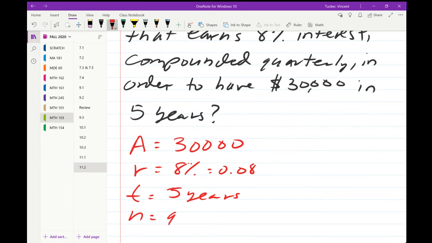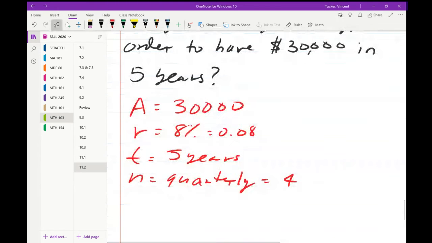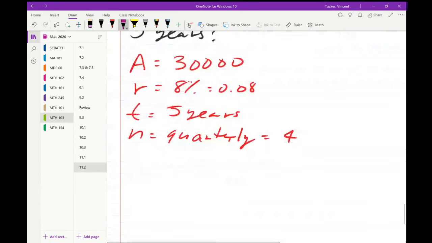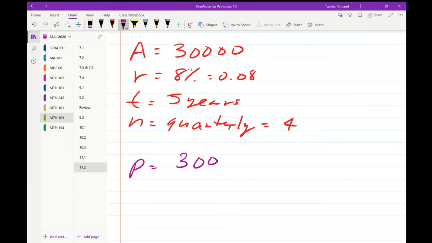Then N is quarterly, and that's 4. All right, so P is going to be equal to 30,000 over, as a matter of fact, I'll put it where you would have to put it in the calculator.